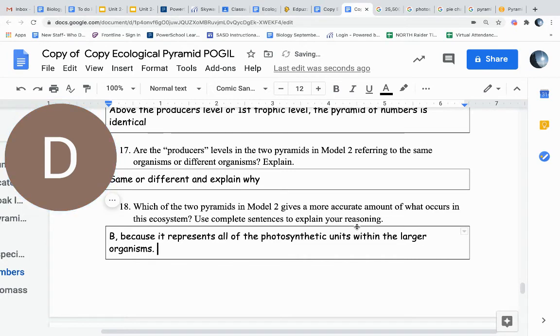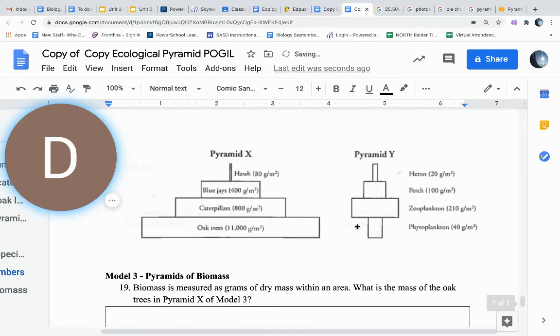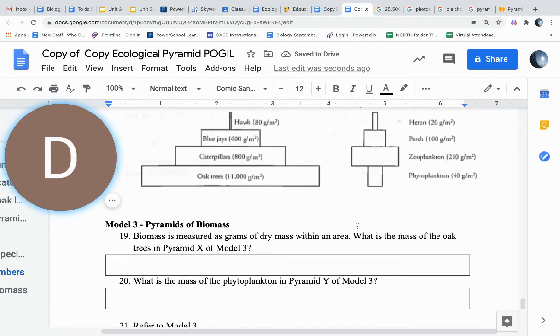Just talking about one large oak tree doesn't really highlight how much energy it produces. Talking about the leaves is a little more accurate to how much energy it produces, because leaves are producing the energy, not the roots, for example. So you need to think about what's actually doing photosynthesis and producing the energy.